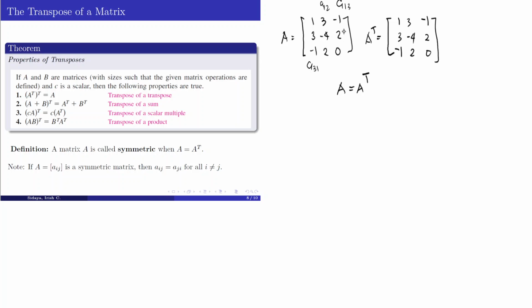Then this entry here, that's A23, is just equal to the A32 entry. Okay, so for all i not equal to j, Aij is equal to Aji.